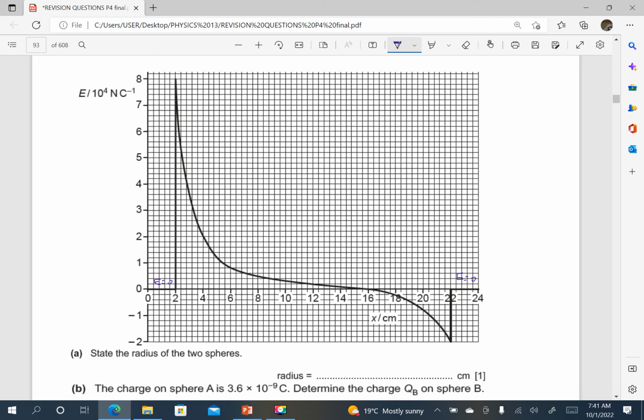So E is equal to 0 inside the spheres. So the radius is going to be 2.0 from the graph. After 2.0, we see that E ceases to be 0 for the two spheres.